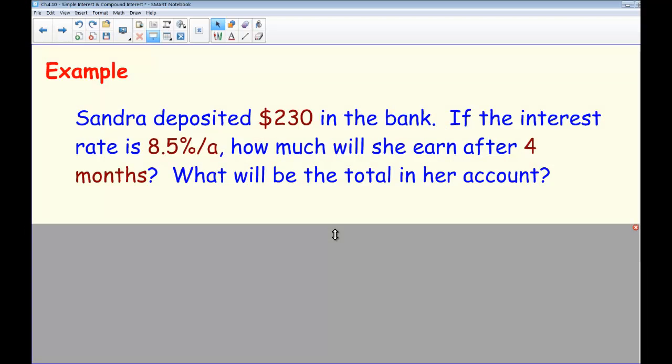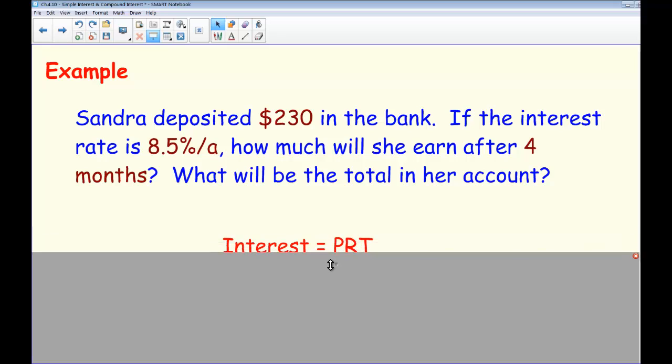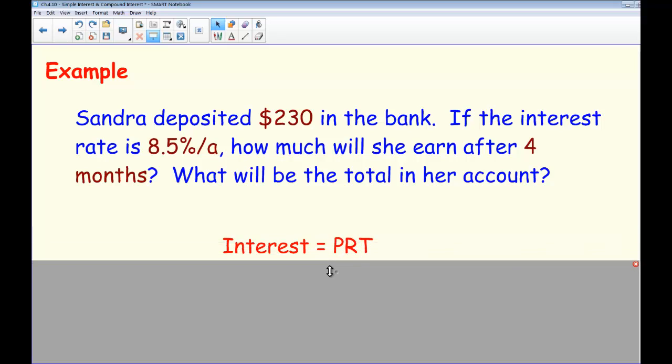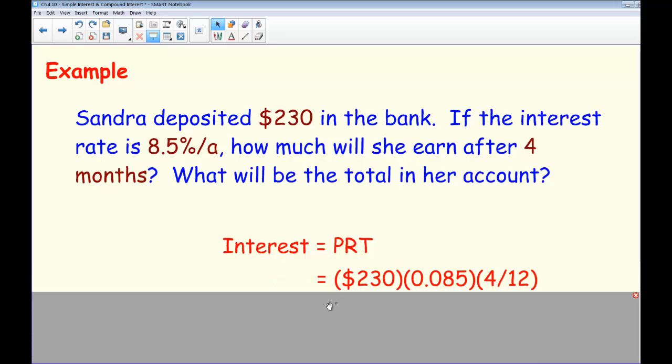So to calculate the amount of interest that she will earn, we simply use the interest formula, principal times rate times time. So we substitute the values in there. So the principal was 230. The interest rate was 8.5%, so we need to change that to a decimal, so that would be 0.085.